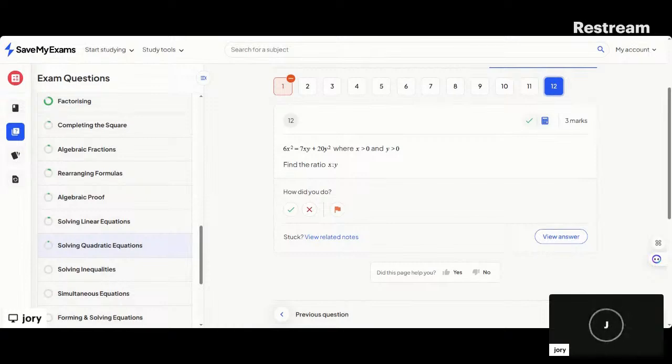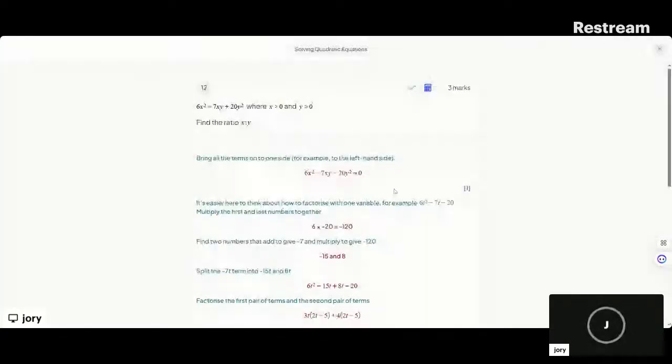Since I found y and x, maybe I can substitute them, right? So I found y. Let's find that. 6x squared minus 20y squared over 7x plus 20. This squared, that's a lot. I don't think it's that hard. See, it's not.